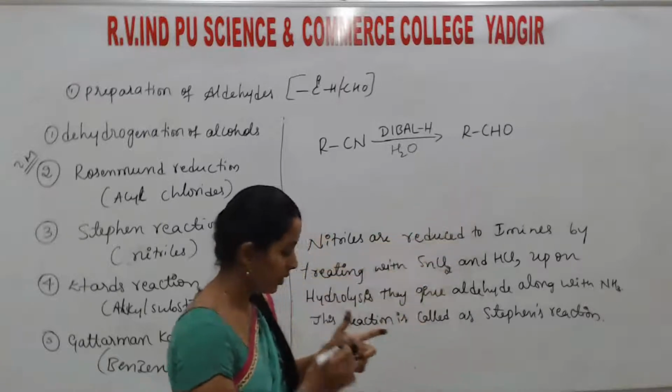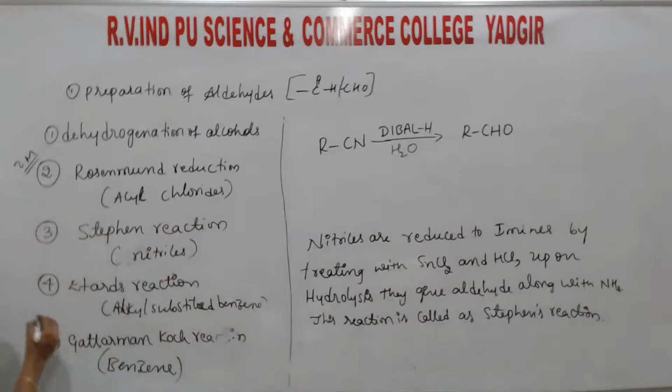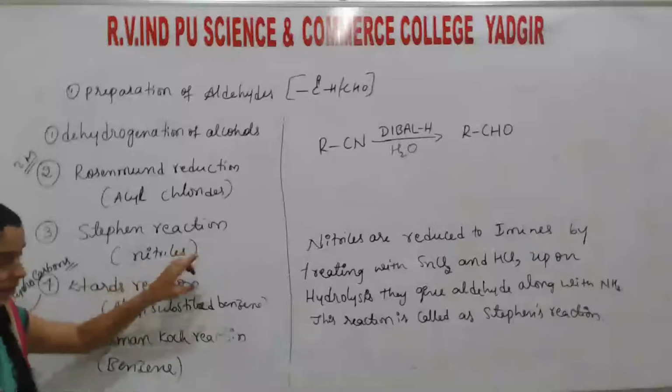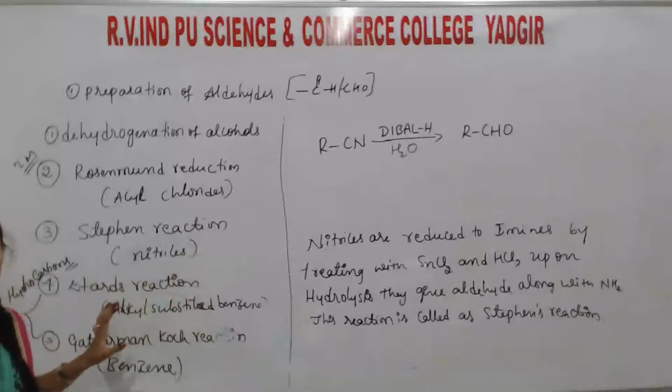Understand? Okay. So students, next, these two reactions are preparations of aldehydes, this one from acyl chloride and this one from alkyl nitriles. These two are from other compounds, not hydrocarbons.